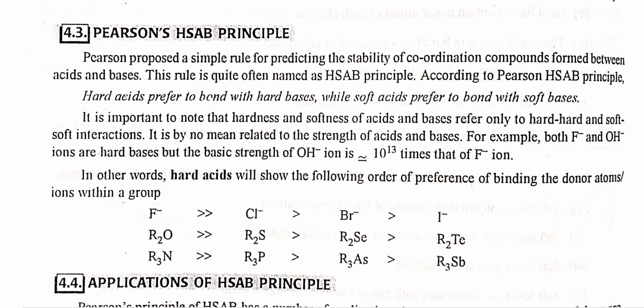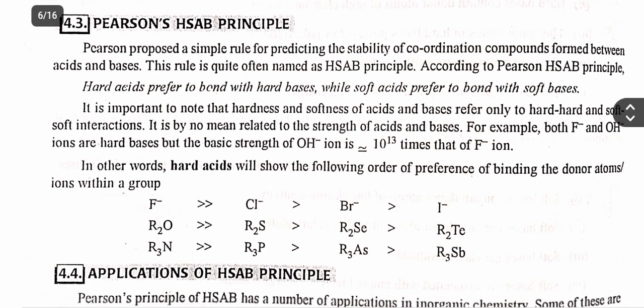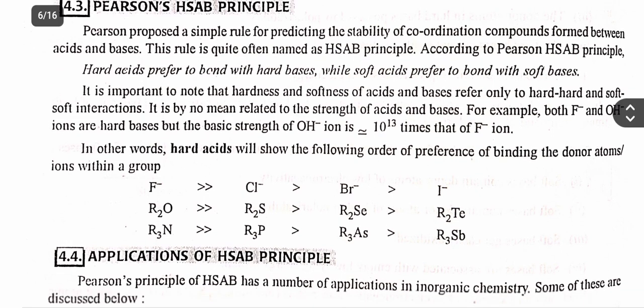According to Pearson's HSAB principle, hard acids prefer to bond with hard bases while soft acids prefer to bond with soft bases. It is important to note that hardness and softness of acids and bases refer only to hard and soft interactions. It is by no means related to the strength of acids and bases.